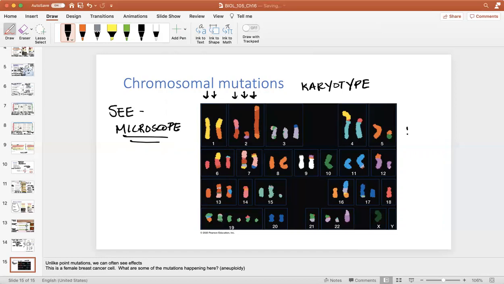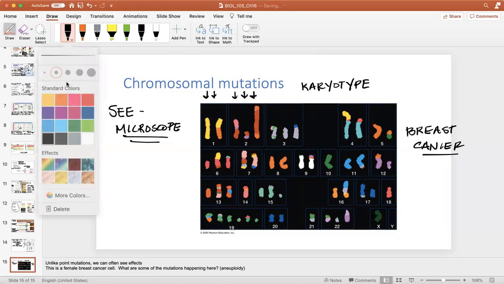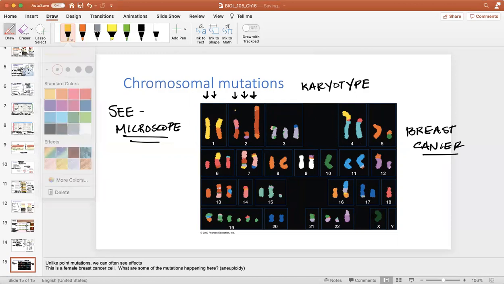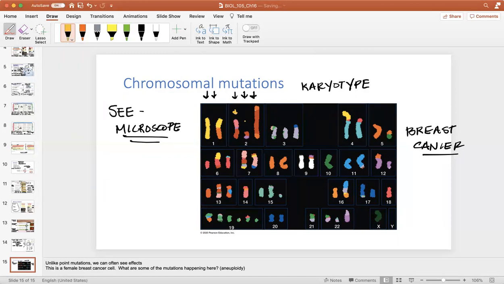This is a karyotype from a breast cancer cell of a human. And you can see that it is filled with chromosome level mutations. So for example, in this breast cancer cell, on chromosome 3, it looks like we have a deletion here and a deletion here.